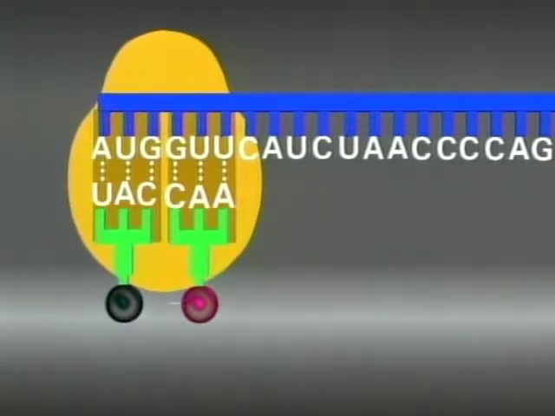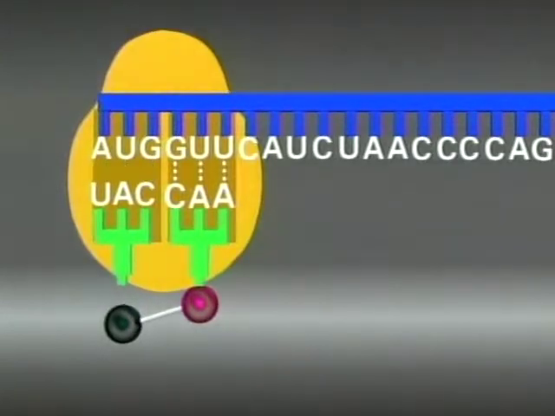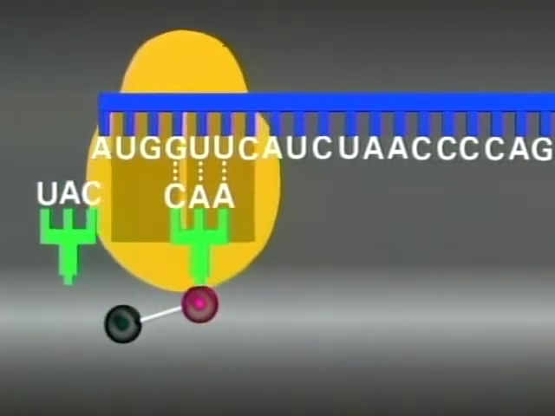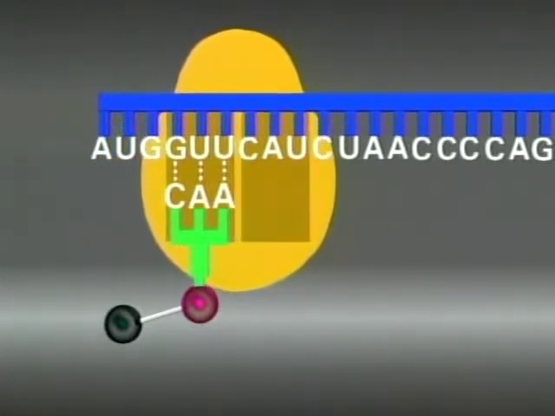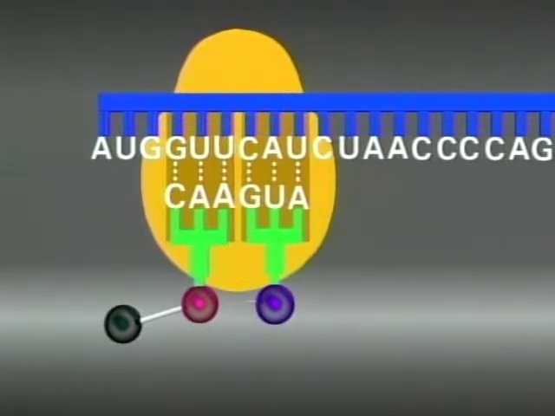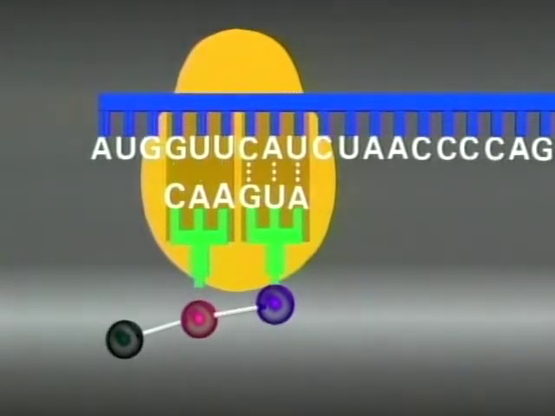A peptide bond forms between the 2 amino acids. The first transfer RNA detaches and leaves as the ribosome moves to the next triplet in line. A third transfer RNA arrives and attaches to its triplet. The new amino acid now forms a peptide bond with the other 2.